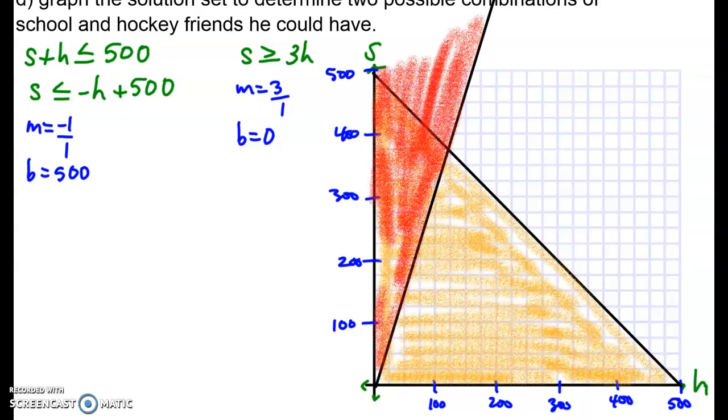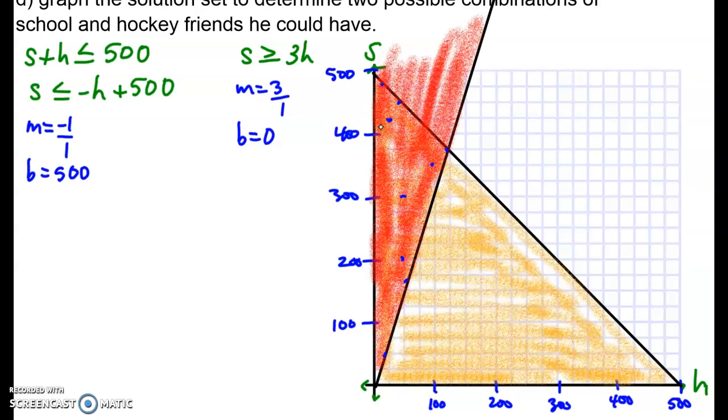Okay, so now our solution, the question asked us to provide 2 possible combinations of friends for Matthew's social networking page. And we know that that solution will come in the place where these 2 inequalities overlap. So any point within the overlap is a possibility for Matthew, including the boundary lines because they're solid.